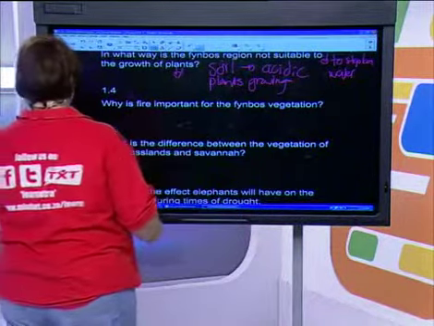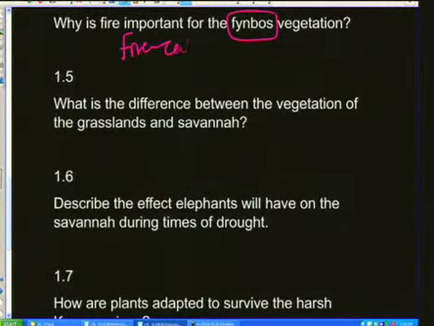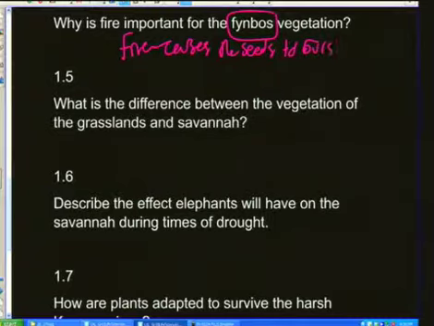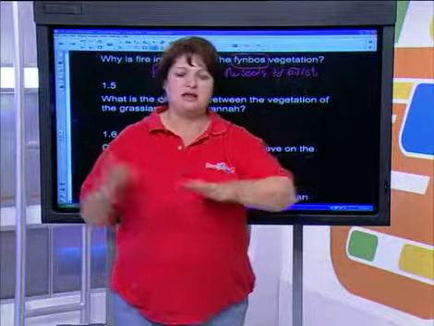Okay, now fynbos, very important. Why is fire important for the fynbos vegetation? What does fire do? Fire causes the seeds to burst. It's one of the strange things. If we look at one of the abiotic factors, fire is actually quite dangerous and quite destructive, because obviously it can kill a lot of our plants, and a lot of the animals can be destroyed.